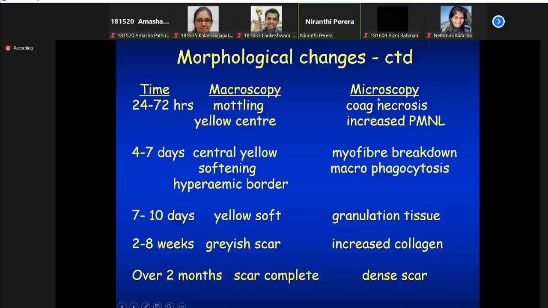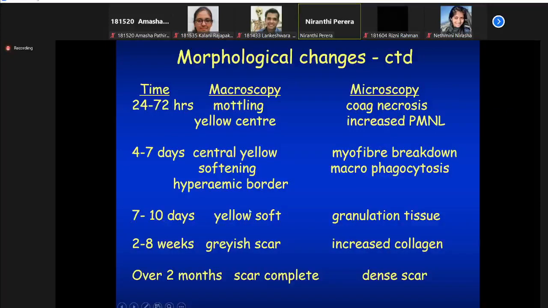The polymorphs are now going, and the predominant cell is the macrophage, although the macrophage would have come somewhere here. But it's still predominantly polymorphs at 24 to 72 hours. After about 4 days, the polymorphs have gone off, and it's the macrophages which are liquefying all that necrotic material and swallowing it, phagocytosing.